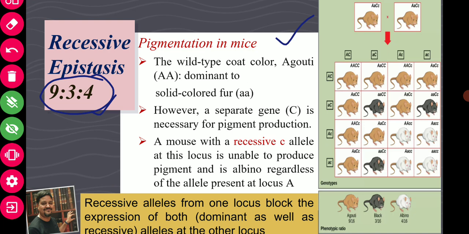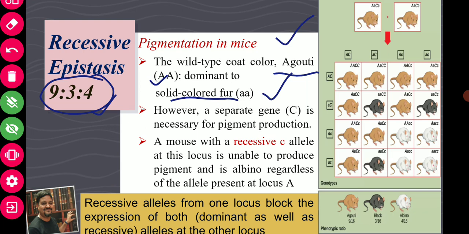Here in case of recessive epistasis, the example is pigmentation in mice, that is the skin coat color of mice. The wild type coat color is agouti, which is dominant in its expression, and another color is the solid color, for that is small a.